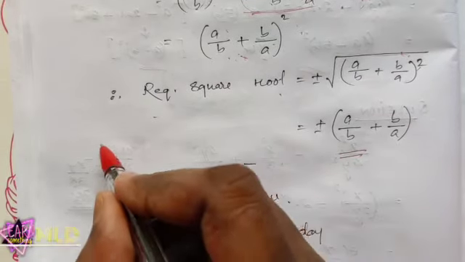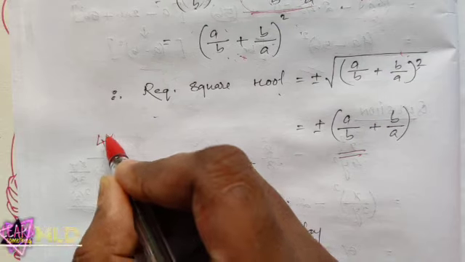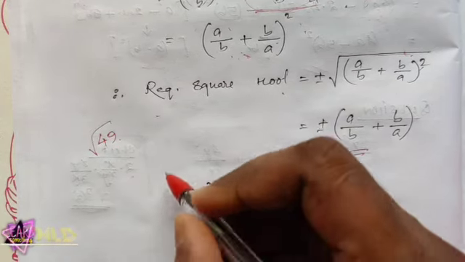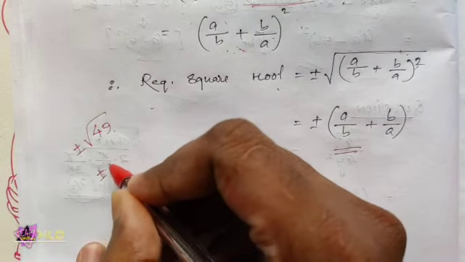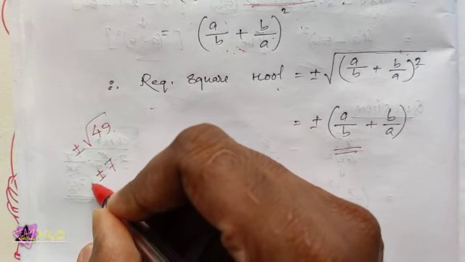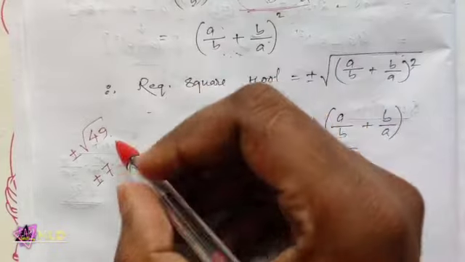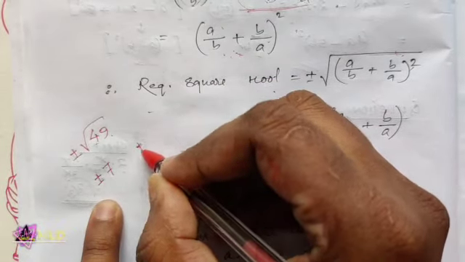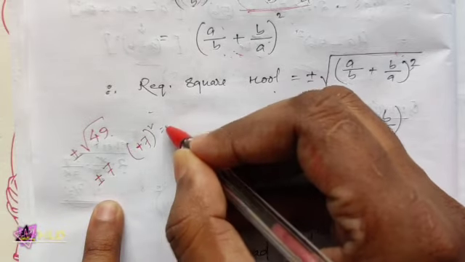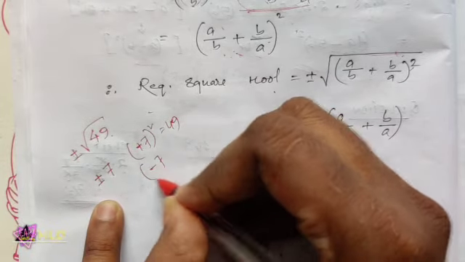Now why have I put plus minus here? Normally when you write root over 49, we are not taking plus minus. Plus minus is necessary in some particular cases, so it is better we put plus minus. Why plus minus? The positive 7 square is also 49, and minus 7 square is also 49.